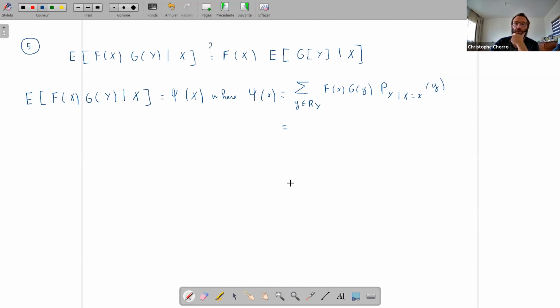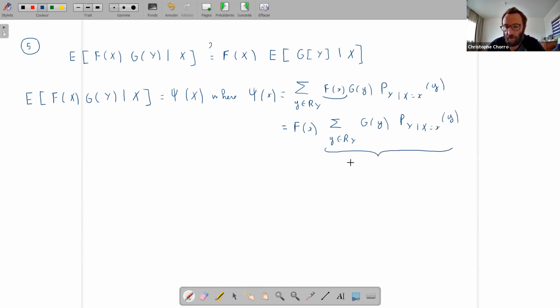So it's this one that I have to compute. But if I do the job here, I have a term that doesn't depend on y, so I can remove it from the sum. And then I obtain this term. But I recognize this sum.